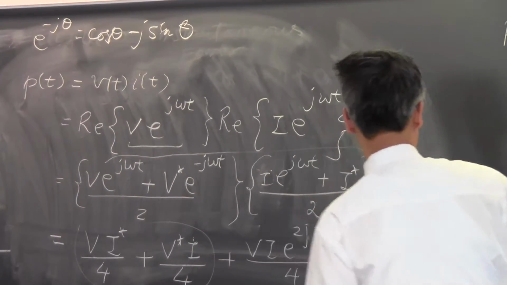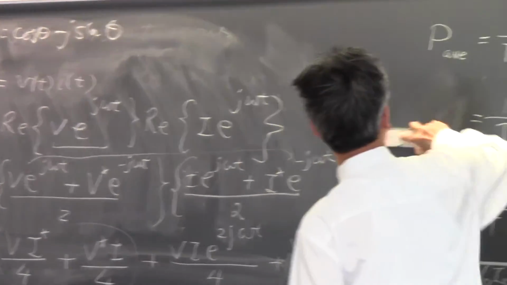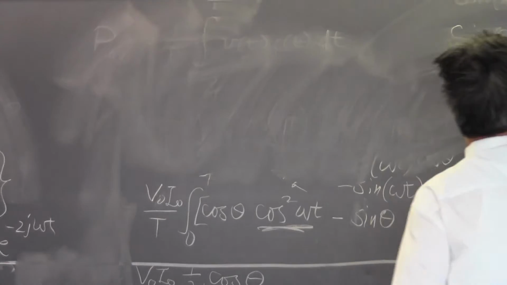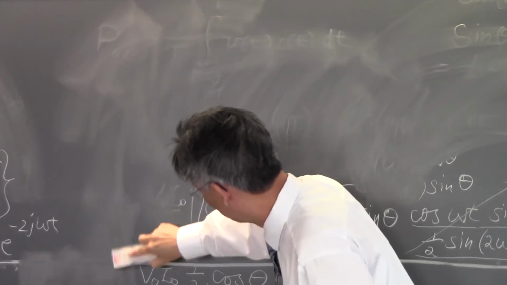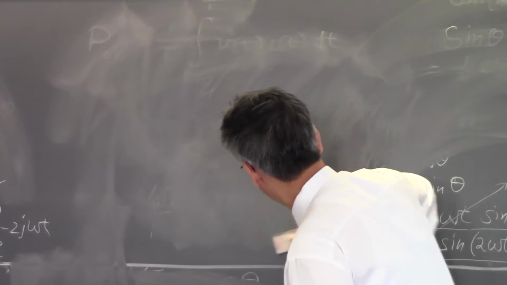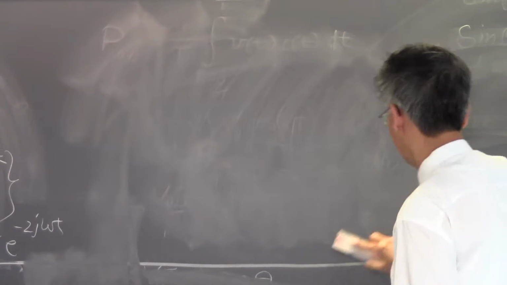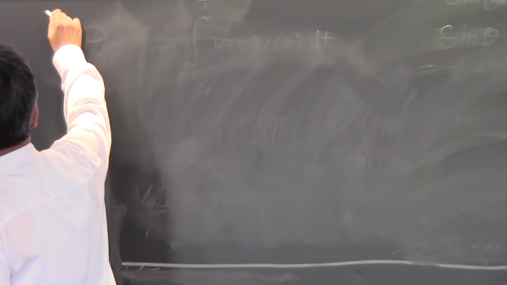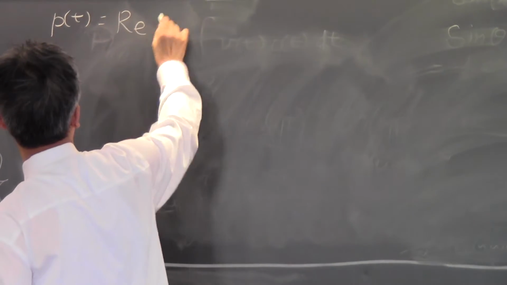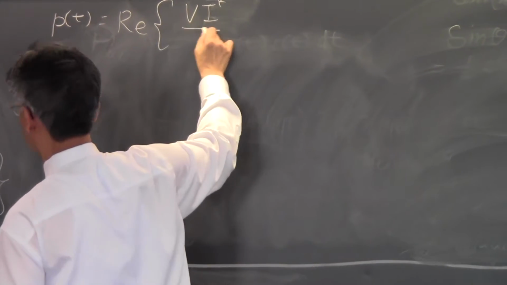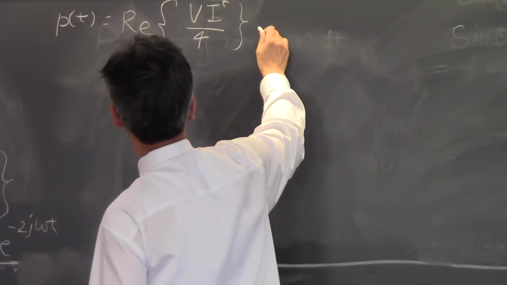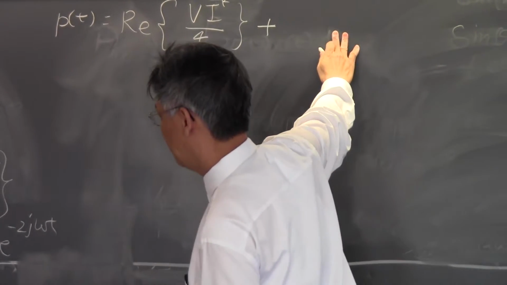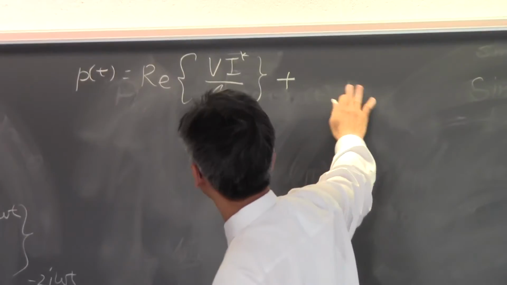And if I try not to write below this boundary, I try not to go below this boundary. Okay, then it says that p(t), the instantaneous power, is just the real part of V I conjugate over 4 plus twice the real part.